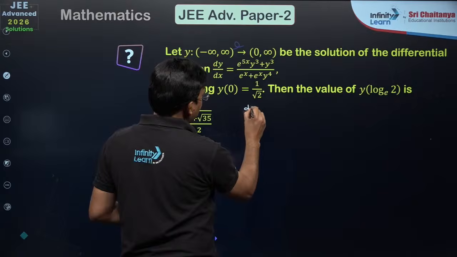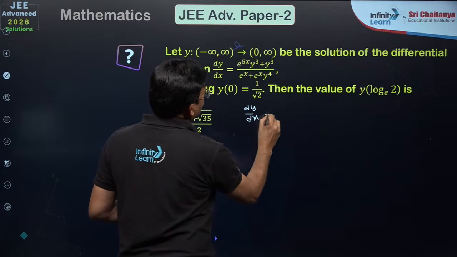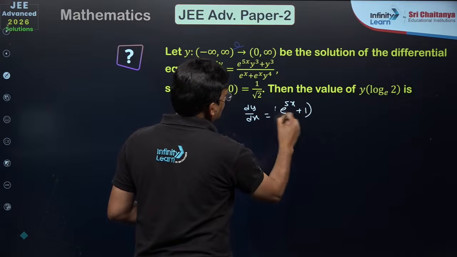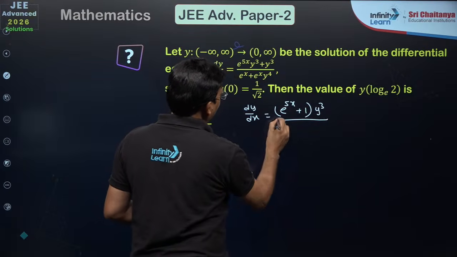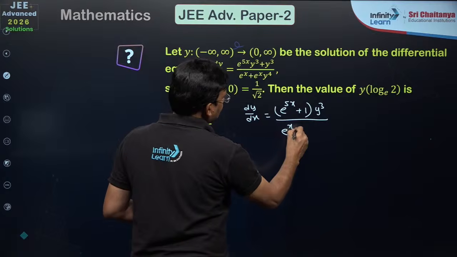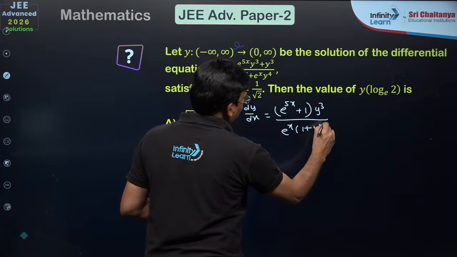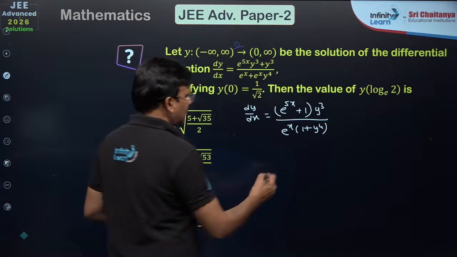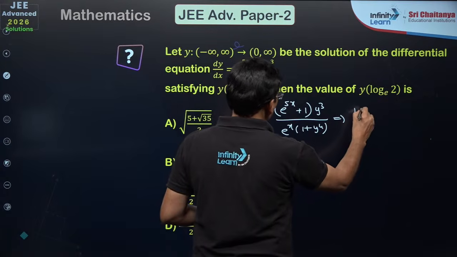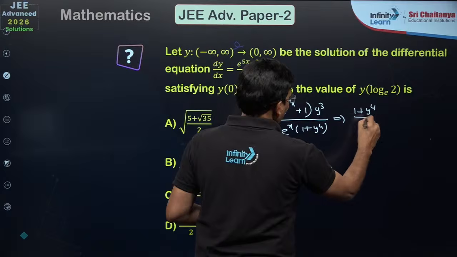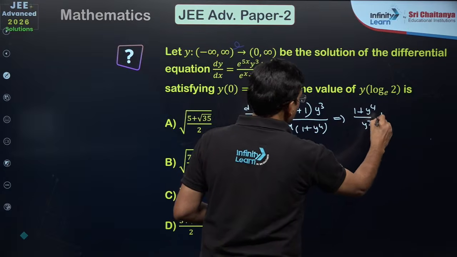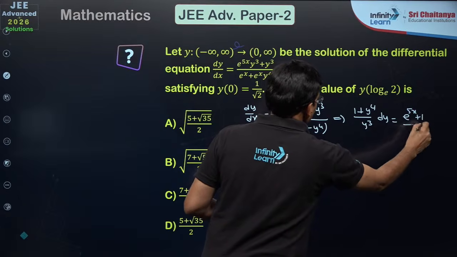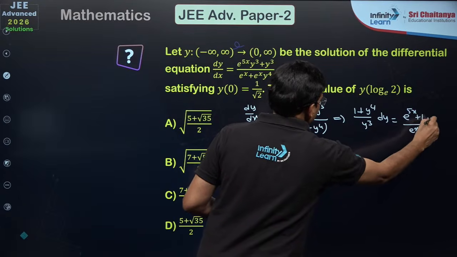So, you can write dy by dx is equal to e power 5x plus 1 into y cube by, this is e power x into 1 plus y power 4. Now, can't we solve this by variable separable method? So, this is going to be 1 plus y power 4 by y cube into dy is equal to e power 5x plus 1 by e power x dx, right.